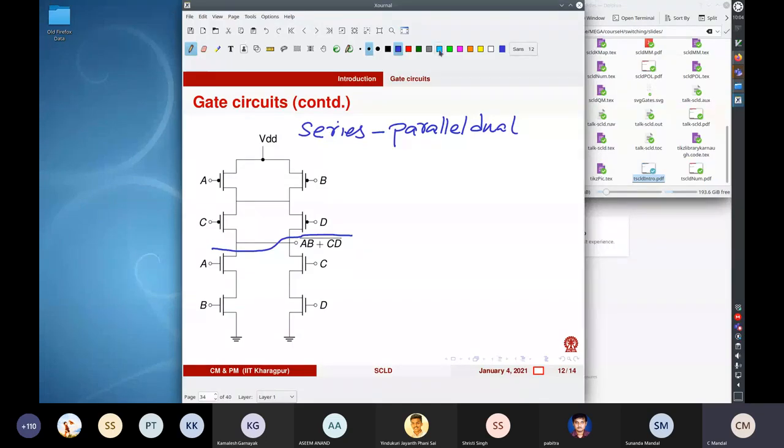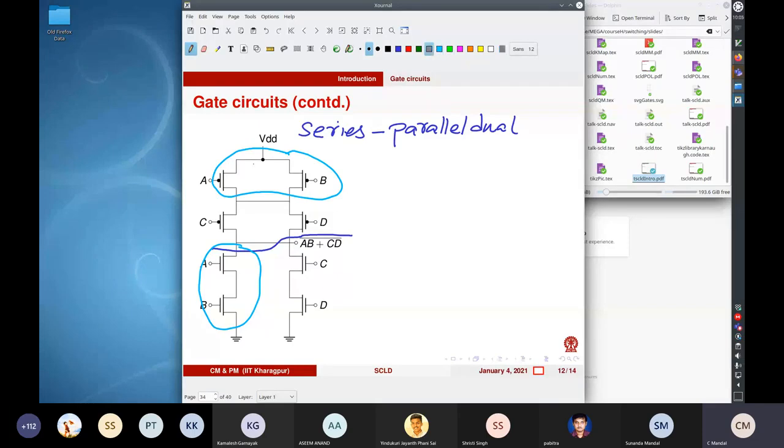You have A and B in series over here. In series, you have A and B in parallel over here. Rather, you have got these two transistors in parallel over here.